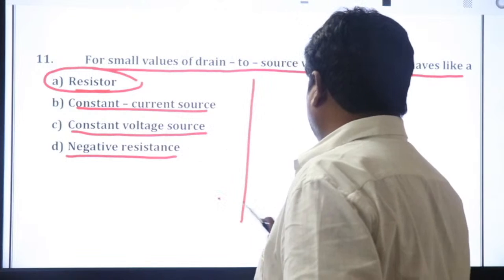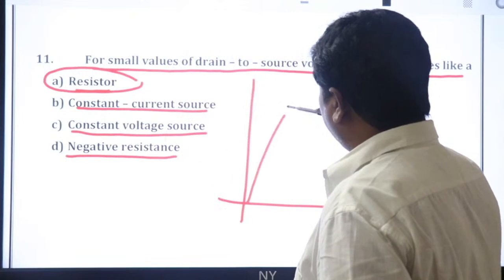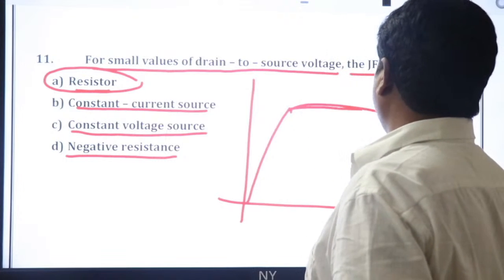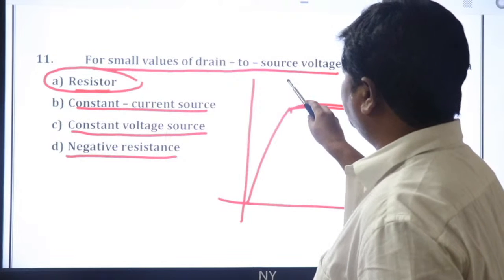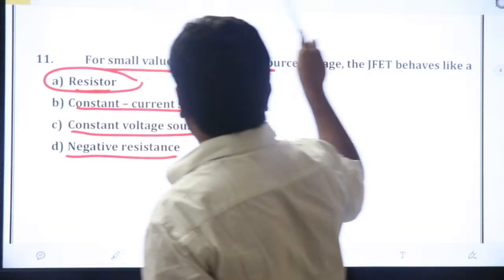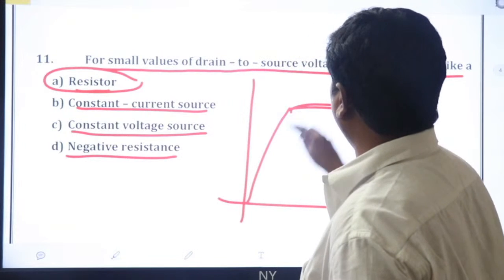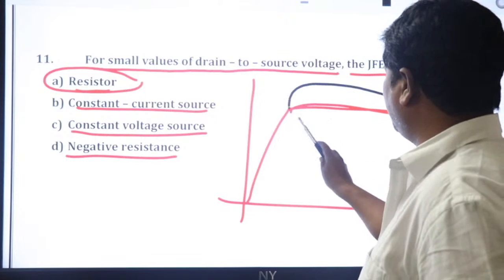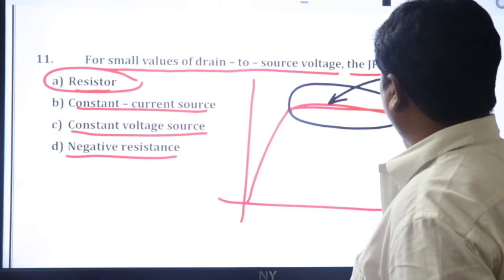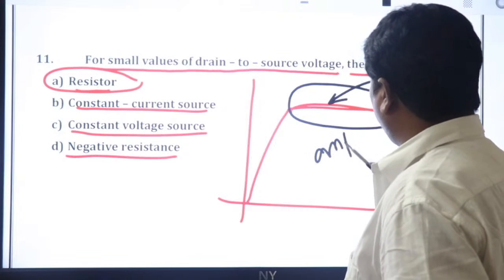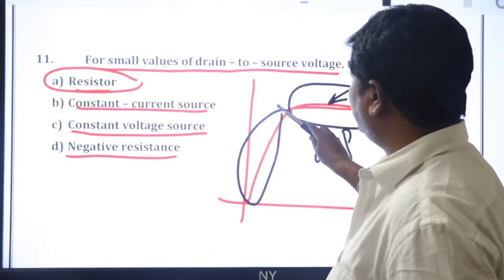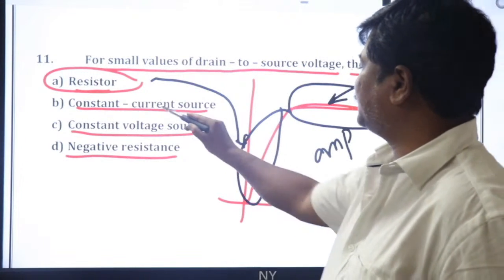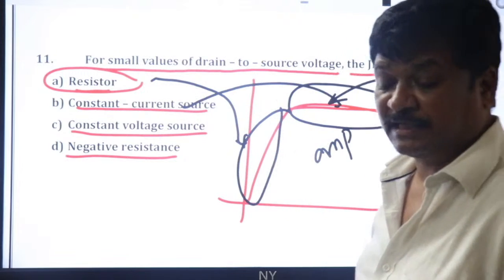See here the FET characteristics. From here to here, it acts like a resistor. Thereafter, it acts like a current source, and in that region it acts like an amplifier. But in this region, it acts like a resistor.